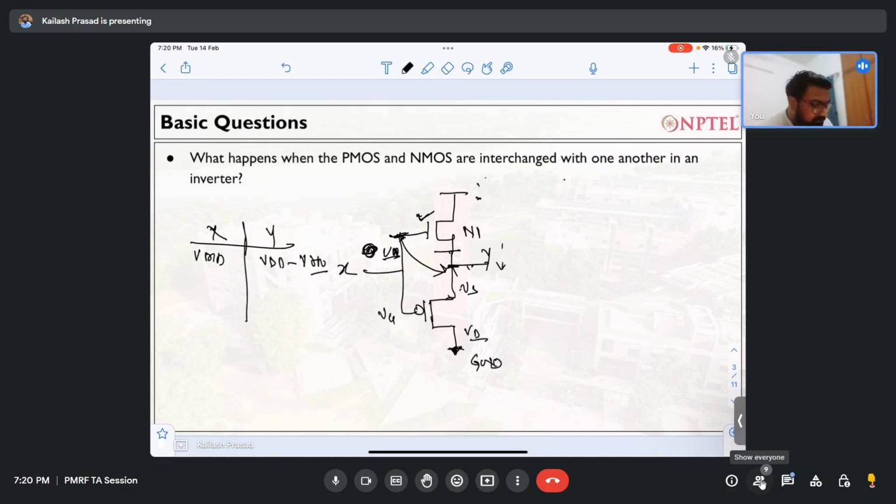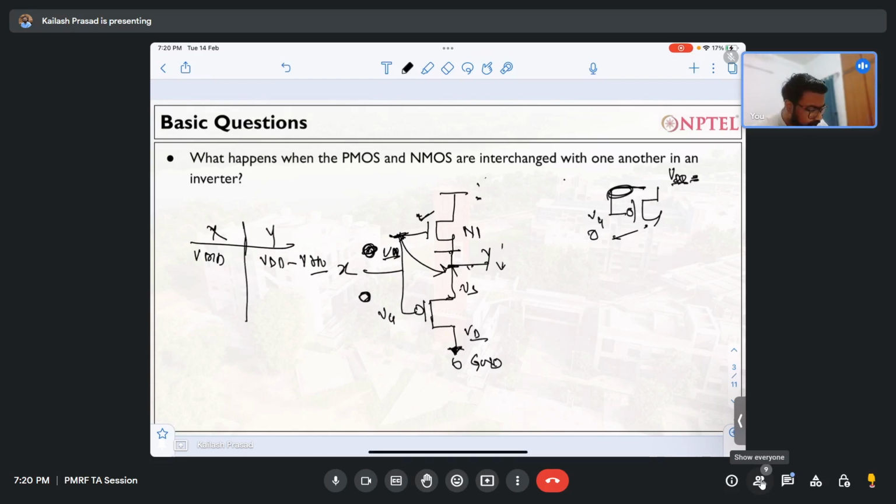For this transistor, if I provide 0 over here, earlier what used to happen was this was VG, this was VD, always at VDD, and if you provide 0, it is completely on. Now in this case, what is happening? Drain is at 0 potential, right?